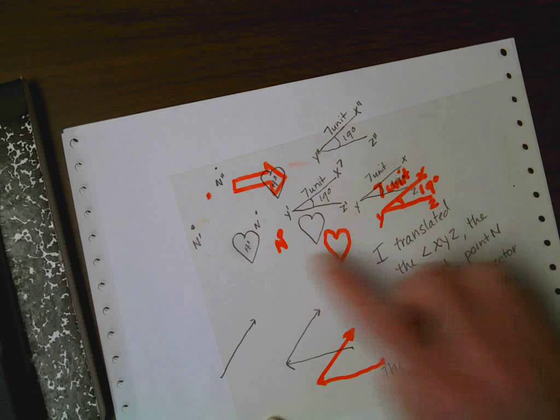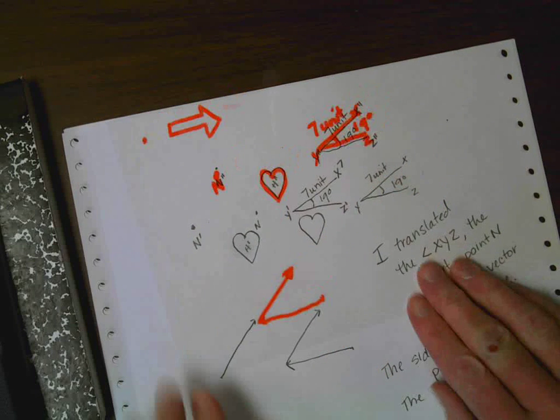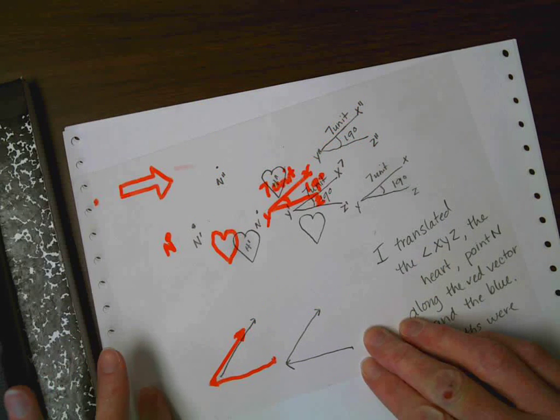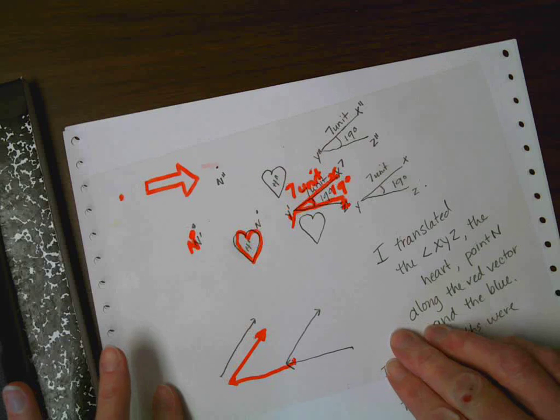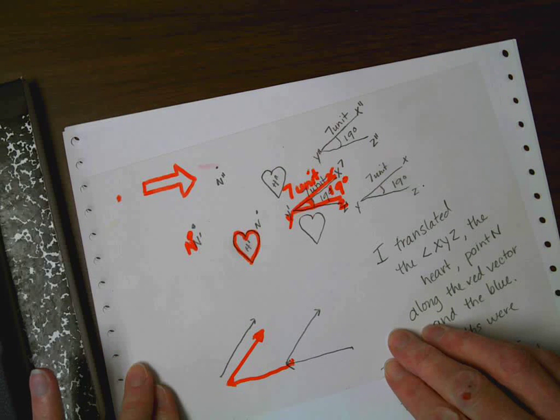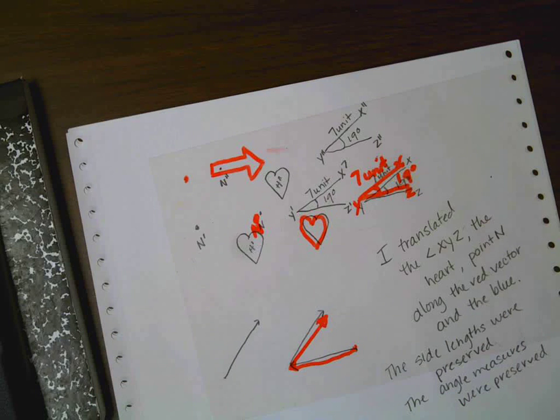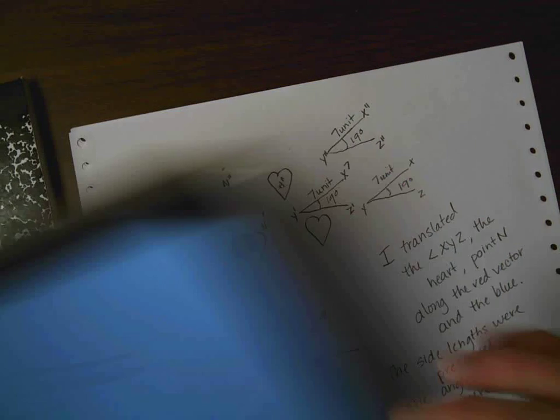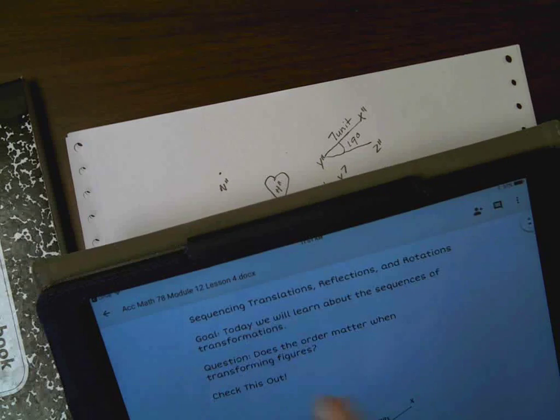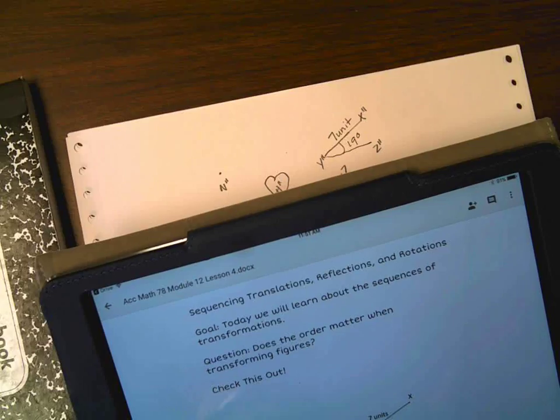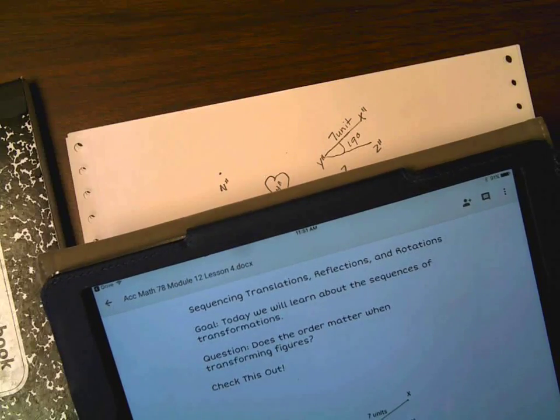Are you in the same spot? And the answer is no, we're off. So the whole point of this question is, does order matter? Yes, because you have to take the blue vector first, right? That puts us to here, which is where we went to first, and then back to the red, and you end up in the right spot. So the question, does the order matter when transforming figures? The answer is yes, because if you don't go in the correct sequence, then you won't end up back where you started from.